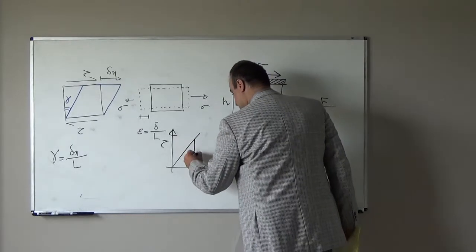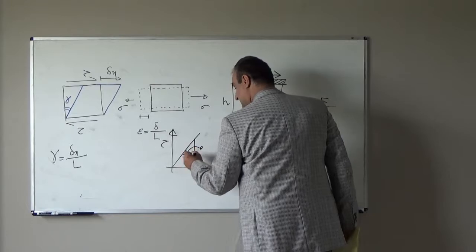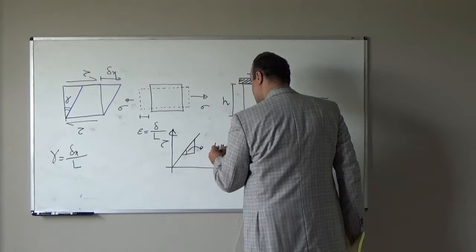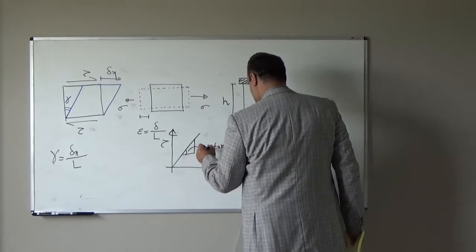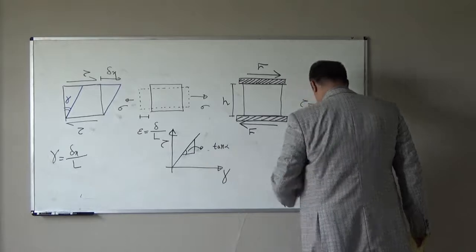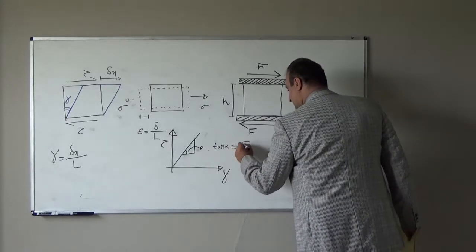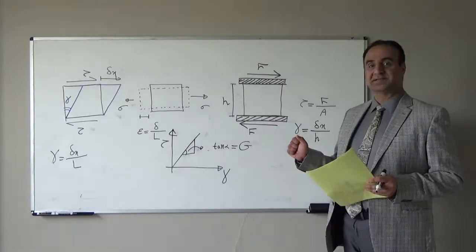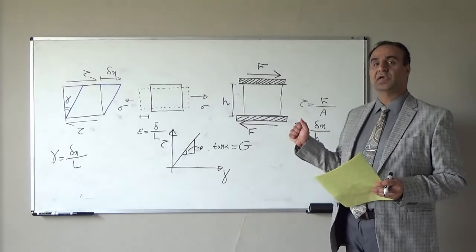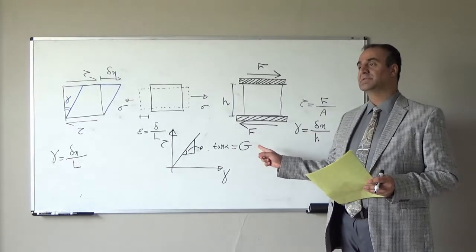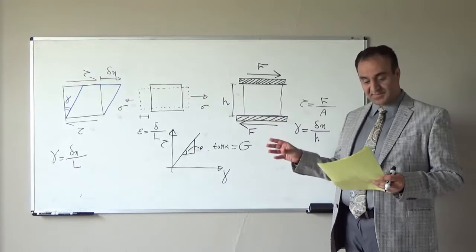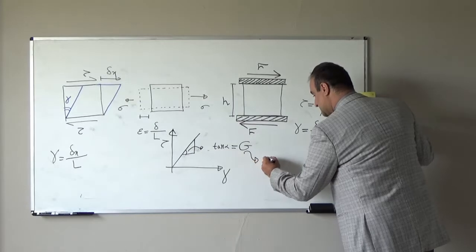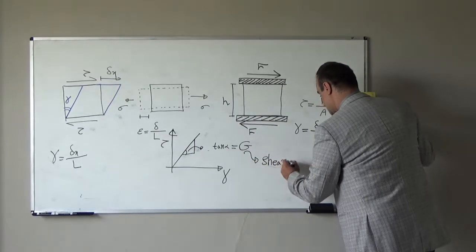And if this angle is alpha, here again tangent alpha will be equal to one constant, capital G. In normal stress we had capital E, we call it Young modulus. Here capital G is again the same kind of property, it is shear modulus.